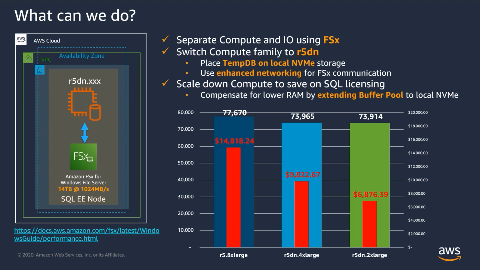It is interesting to point out that we see negligible performance difference between R5DN 4x large and 2x large instances, as the performance for the IO-bound workloads is primarily dependent on the storage subsystem, which was the same for both systems.